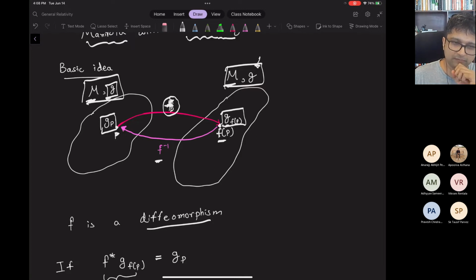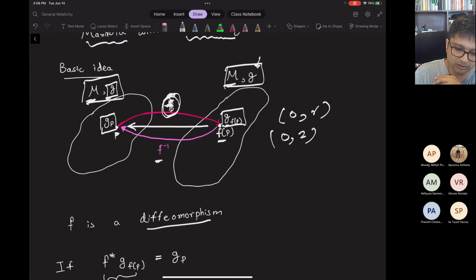If you have a map F like this, and a 0-R form, in particular a 0-2 form, which is the metric, I can pull that 0-2 form back using this transformation F. It induces a map which we denote as F star, which allows us to pull back 0-R type tensors, in particular 0-2 tensors. So we're going to pull back this G_F(P).